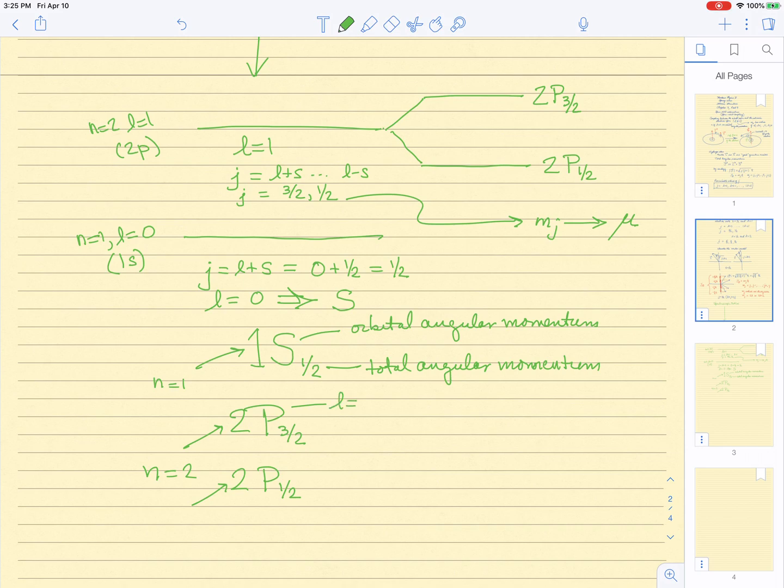This comes from L is equal to 1. And then this is the total angular momentum. J is equal to 3/2. So this is the orbital angular momentum. This is the total angular momentum.